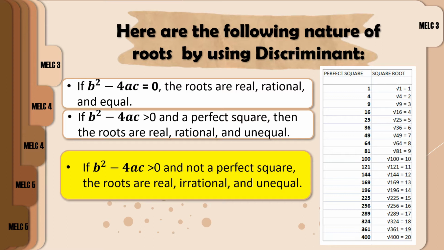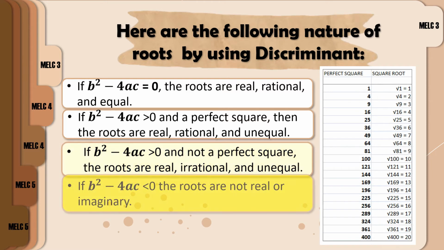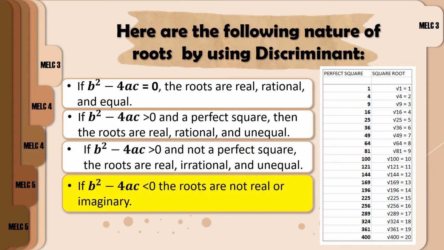So kabaliktad ito ng perfect square. Example, 8, 12, kasi kapag kinuha natin ang square root ng mga numbers na to, may decimal ang result. So these are the nature of roots by using discriminant. So gagamitin natin to in answering our examples.